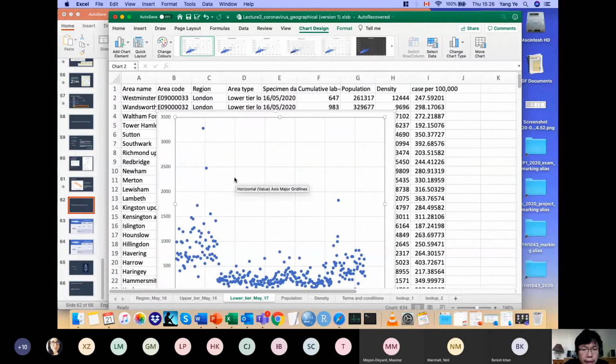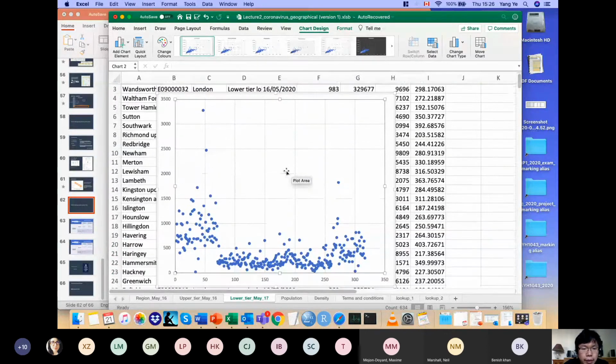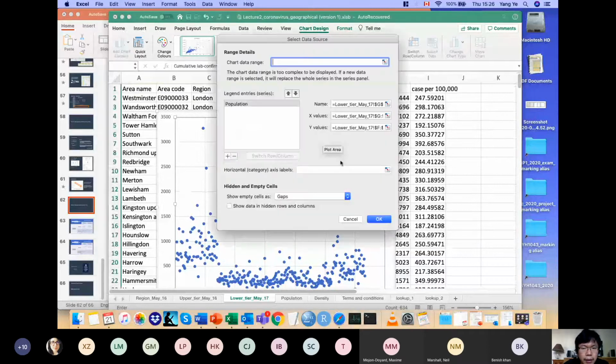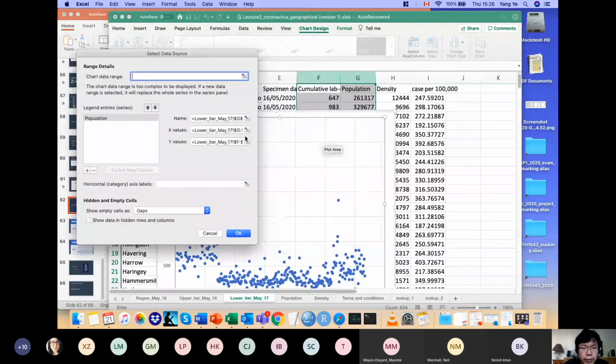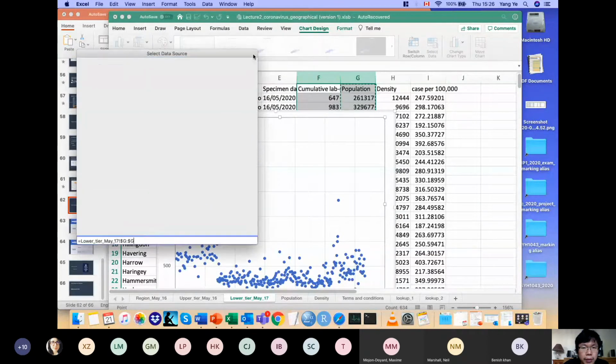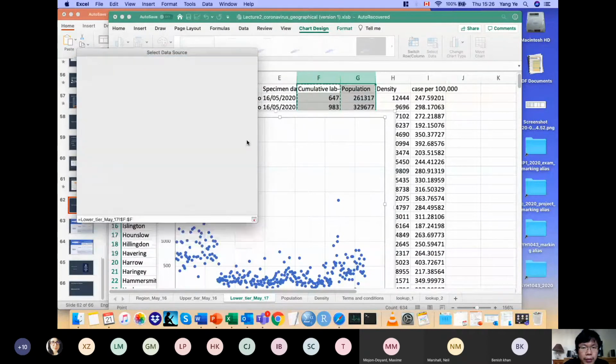No, that's not what I hoped for. Wait, select data. I don't think that's what I wanted. X value population, y values.